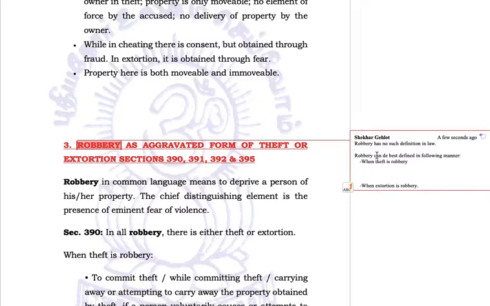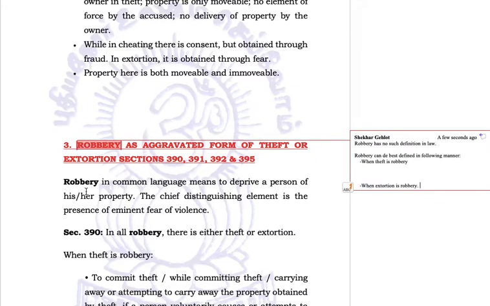Now we have read theft, we have read extortion. Now let us read what is robbery as an aggravated form of theft or extortion. Robbery is an aggravated, more severe form of theft. Sometimes robbery is a more severe form of extortion.